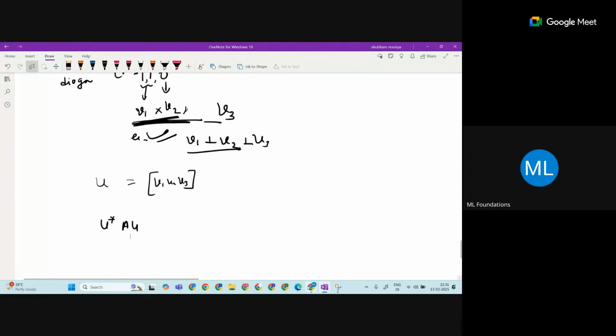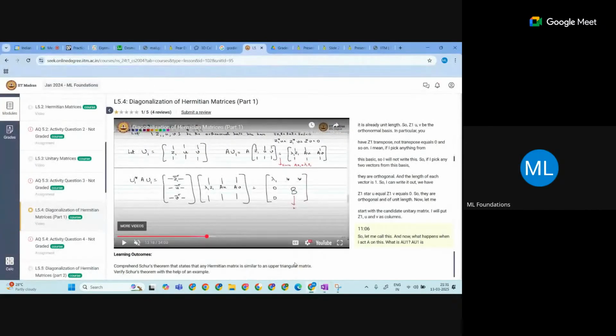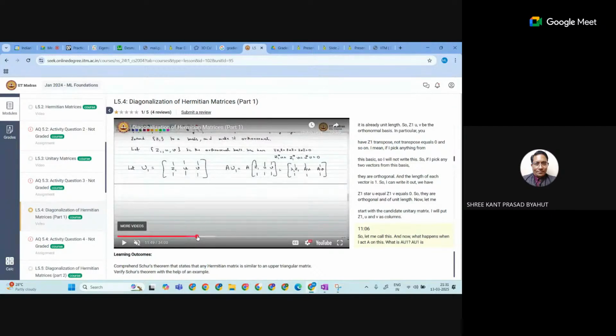No, there is no orthonormal projection. Why would you do the orthonormal projection? We have to form the orthonormal basis. Let Z, U, V be the orthonormal basis. That means you have to find U and V, new vectors that should be orthogonal to Z1.